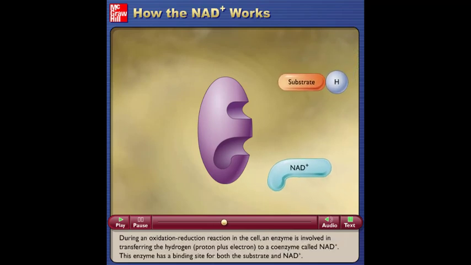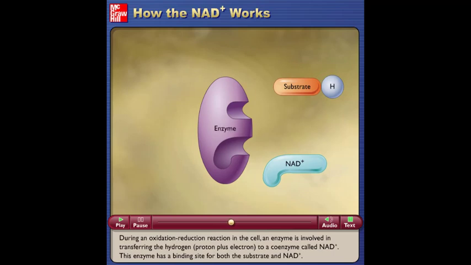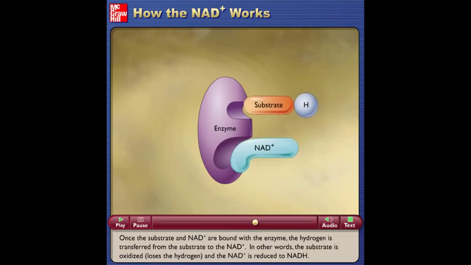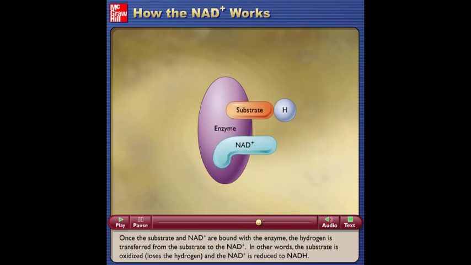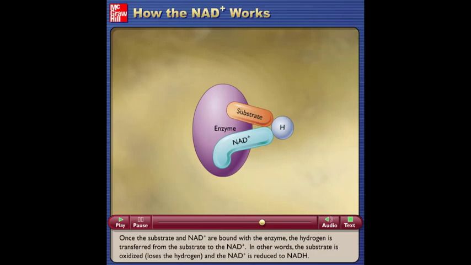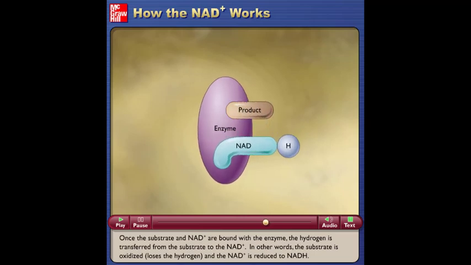During an oxidation-reduction reaction in the cell, an enzyme is involved in transferring the hydrogen, proton plus electron, to a coenzyme called NAD+. This enzyme has a binding site for both the substrate and NAD+. Once the substrate and NAD+ are bound with the enzyme, the hydrogen is transferred from the substrate to the NAD+.